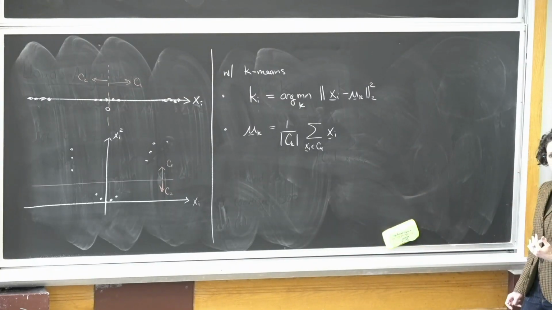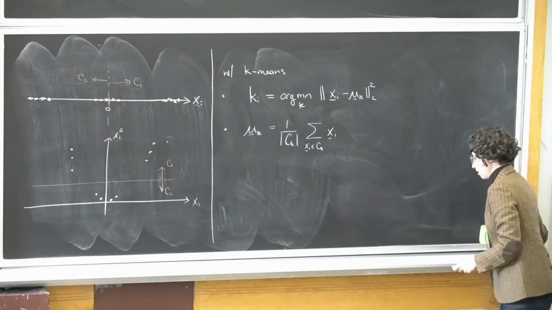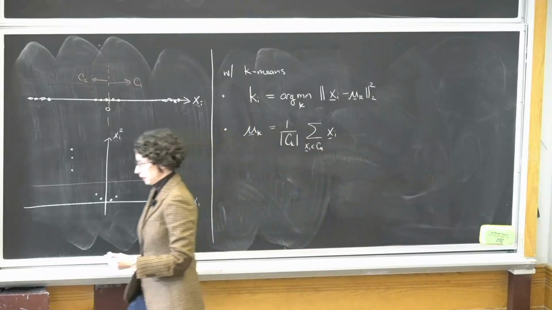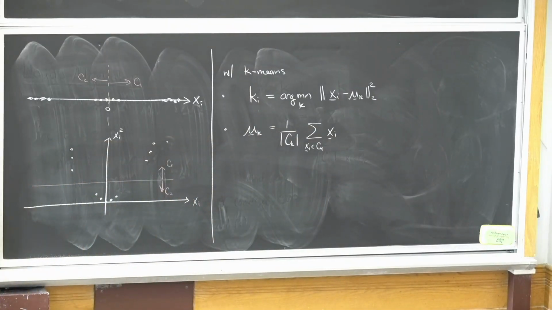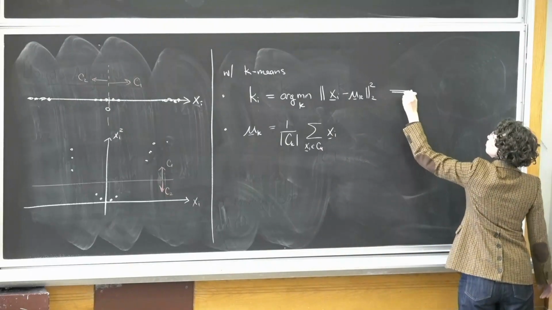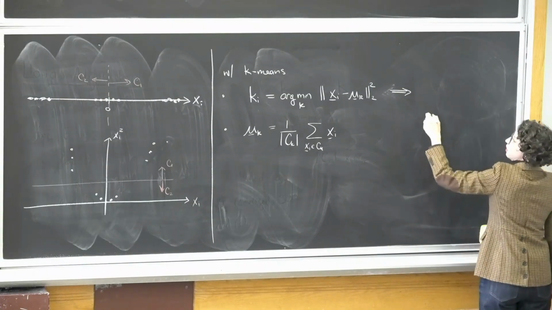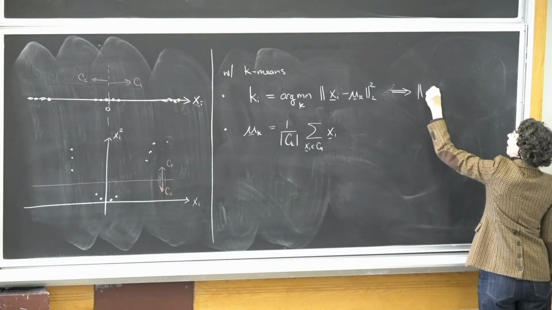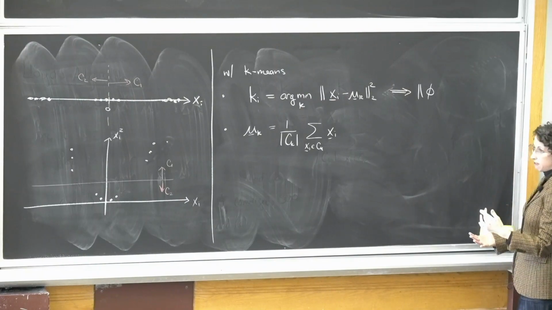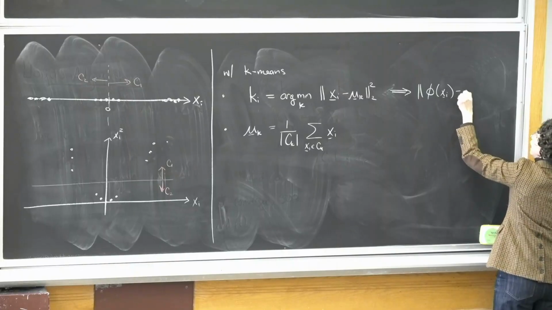Okay, so now we need to think about what these operations look like and what they mean when we start working with kernels. So in particular, what we're going to do is the following. We are going to think about doing this in a high-dimensional feature space. We're now going to be looking at some mapping phi to this higher dimensional space of xi.